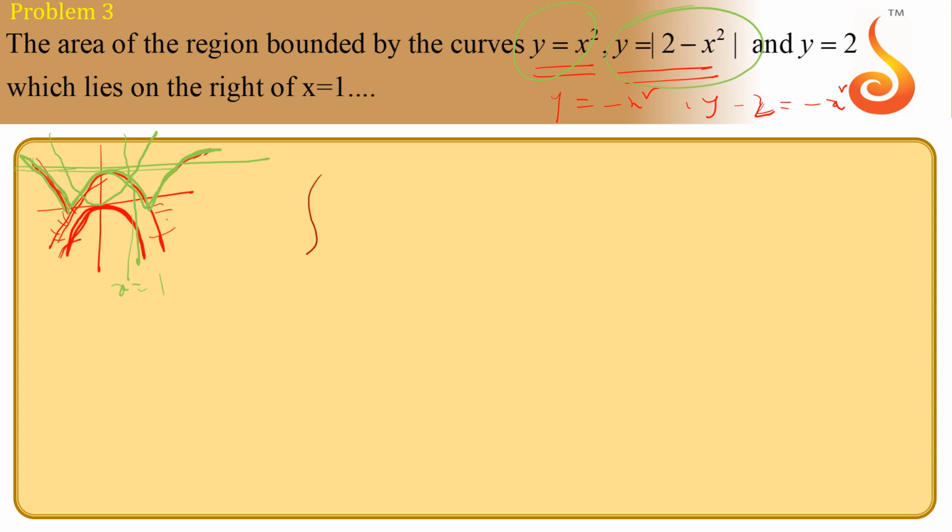Then the required area will be 1 to root 2, x square minus 2 minus x square dx. Then root 2 to 2, 4 minus x square.